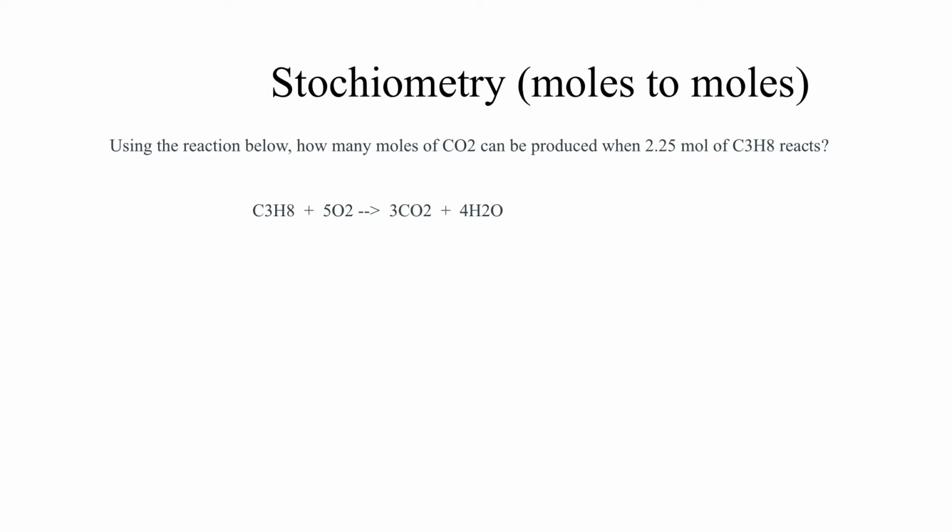And again, this should be C3H8 and CO2 with subscripts. Remember, the subscripts tell us how many atoms. So we have 2 atoms of oxygen, 1 atom of carbon, and so forth.